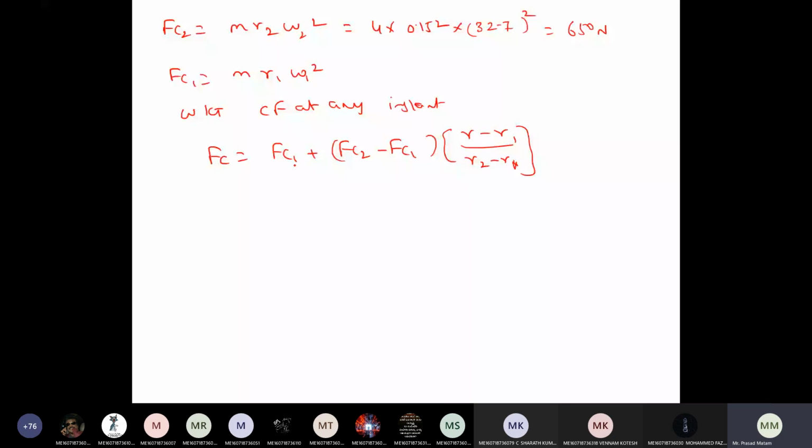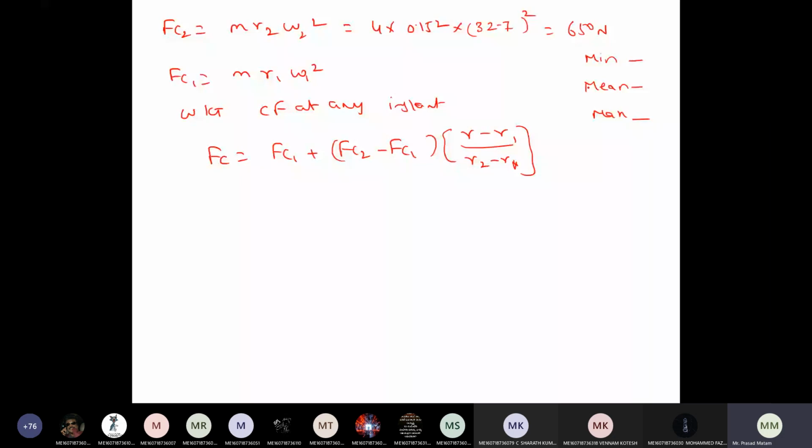the maximum centrifugal force. So three types of forces we are having: the mean, minimum, and maximum. Let me write. This is the mean. Next, I am getting the maximum speed. Next, the minimum speed. So I know the mean speed, I don't know the minimum, and I know the maximum speed. Now the centrifugal force at any instant between mean and maximum we need to find out.